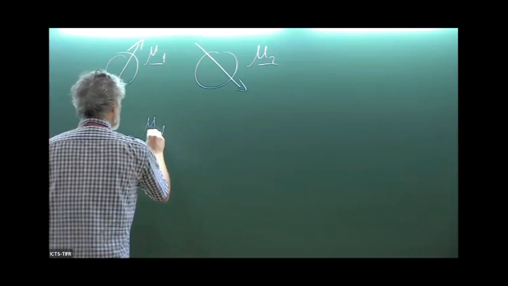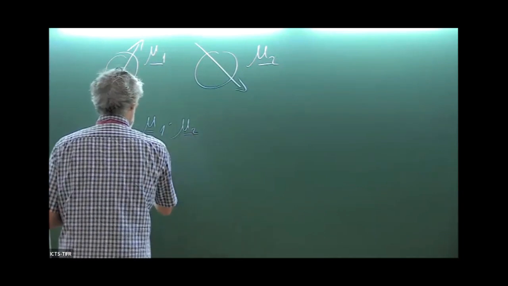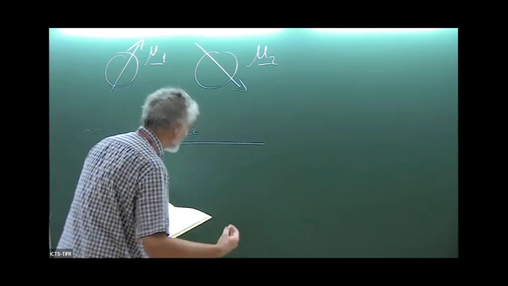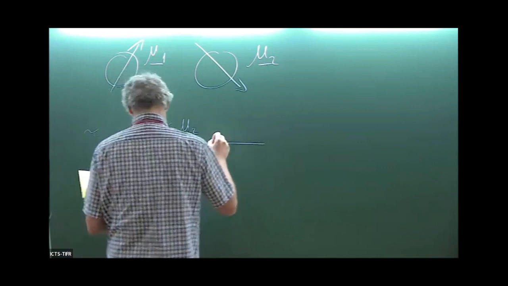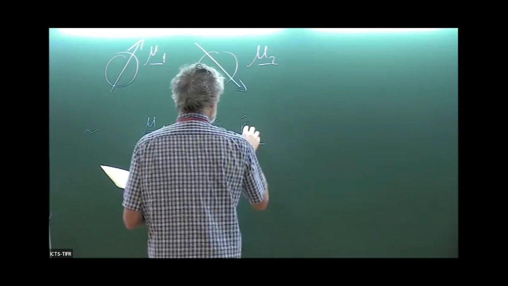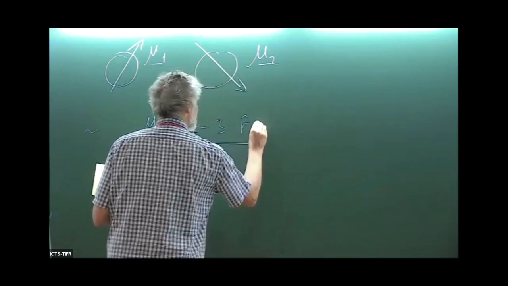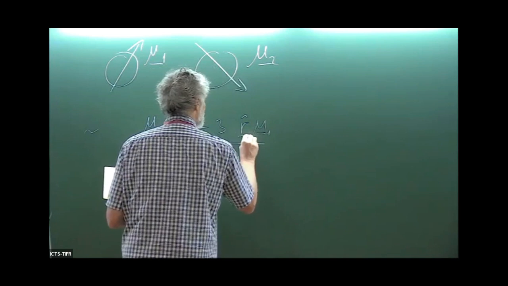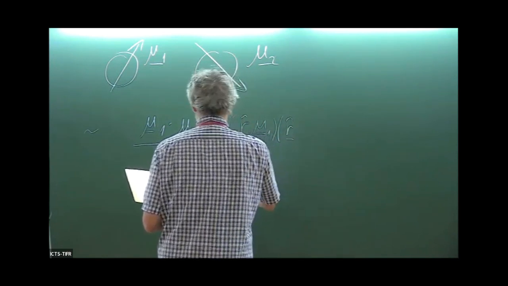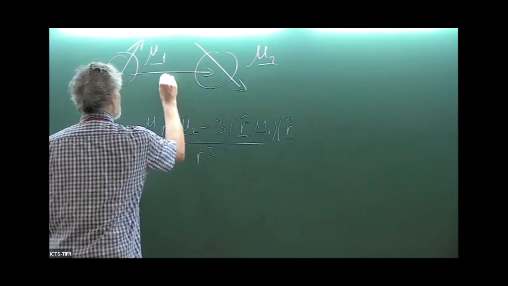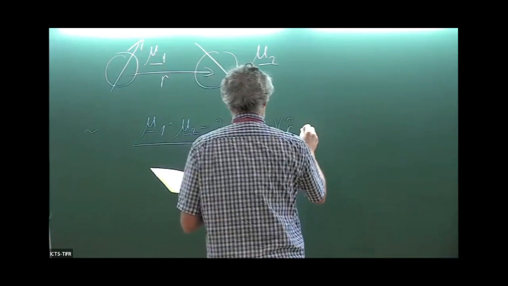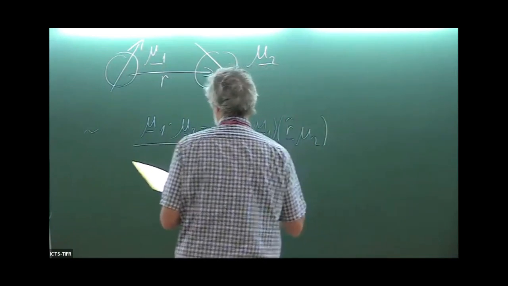So it is mu1 dot mu2, divided by r cubed, minus 3 times the unit vector pointing in the direction of r, dotted with mu1, times the unit vector pointing between, this r is just the distance between the two, I mean the vector, dotted with mu2. Perfect.